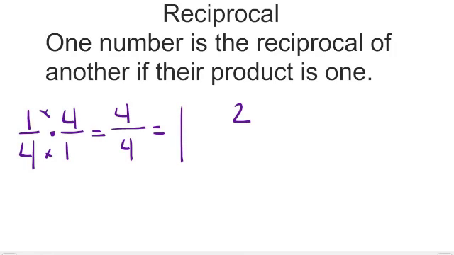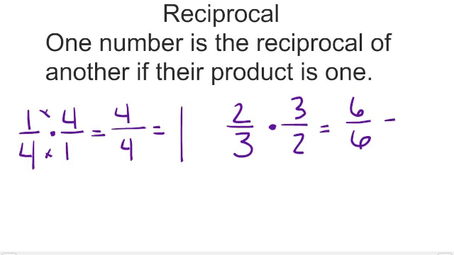So it works if I have 2/3 multiplied by its reciprocal, 3/2, and that's equal to 6/6, which is equal to 1. Okay, so what if I had 7/8? What would the reciprocal of 7/8 be? It would be 8/7.